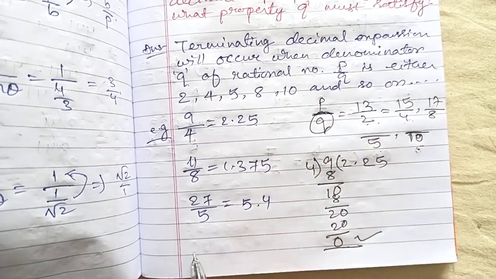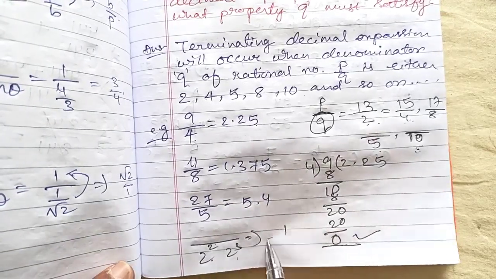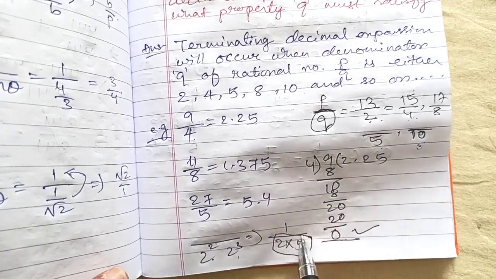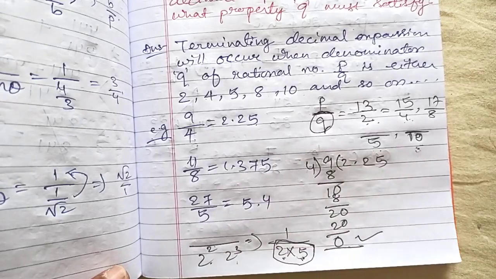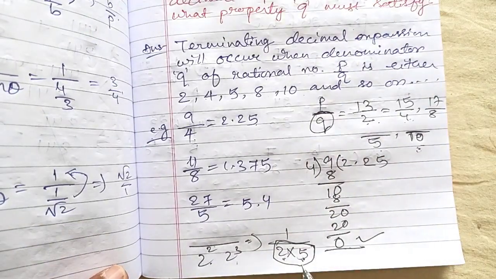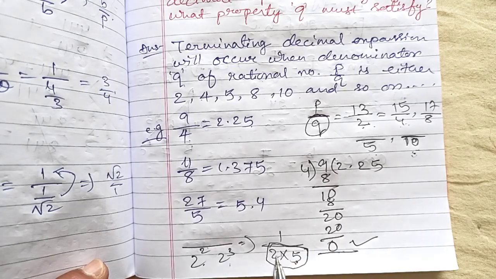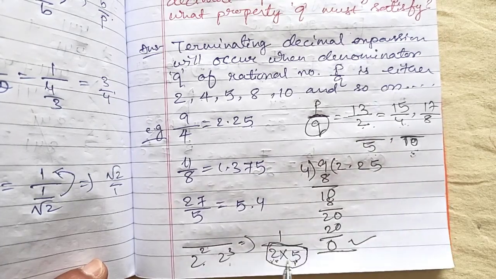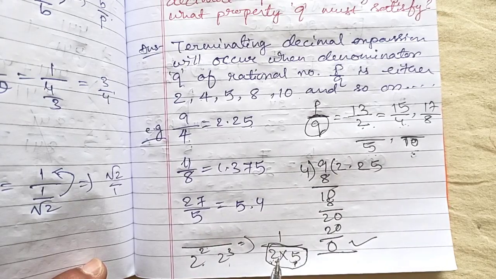That means the denominator should be either 2 square, 2 cube, or suppose 1 by 2 into 5. If the denominator is given in this form, either 2, either 5 or 2 into 5, then it will be a terminating decimal expansion. If the denominator can be represented with 2, with 5, or with both, and except these two numbers there should not be any other number.